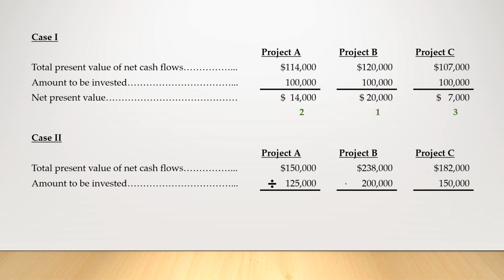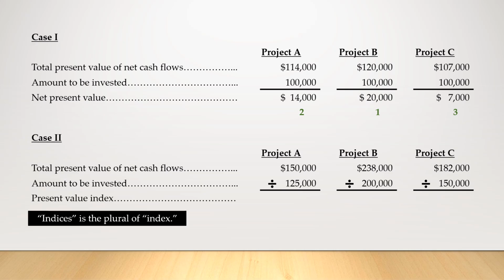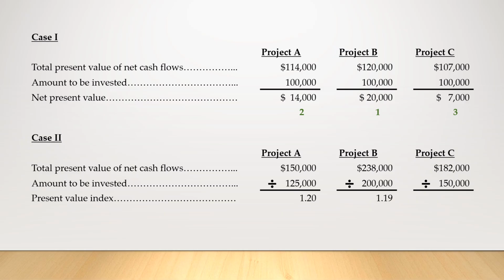Instead, we can divide the present values of their future cash flows by their investment amounts to yield their present value indices. Project A therefore has an index of 1.2. Project B has an index of 1.19. And Project C's index is 1.21.